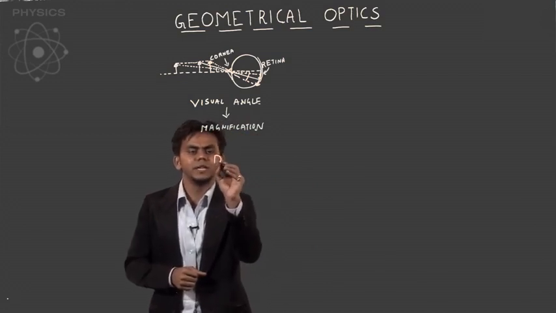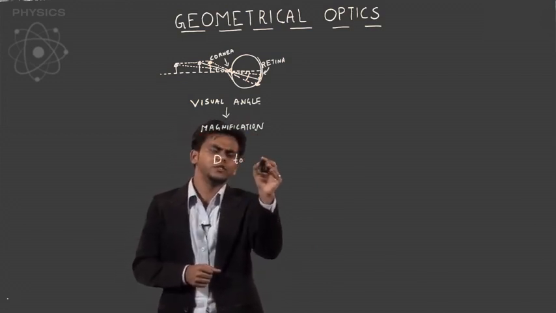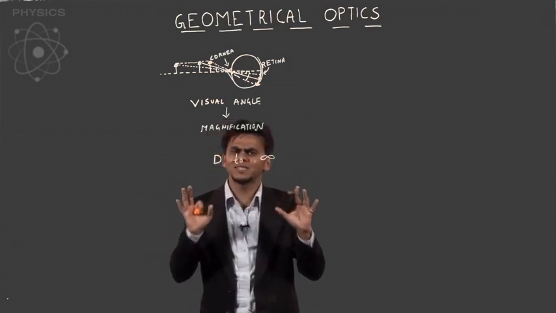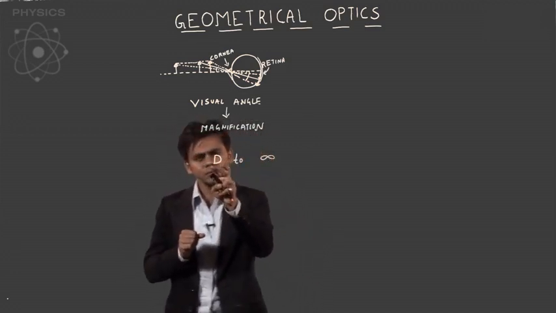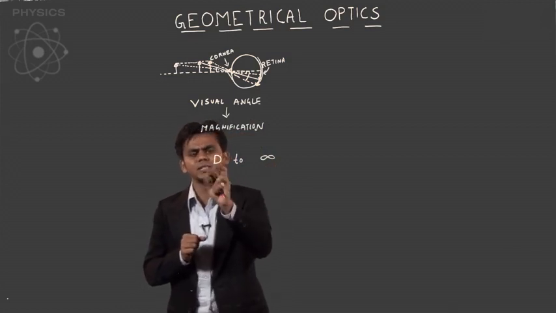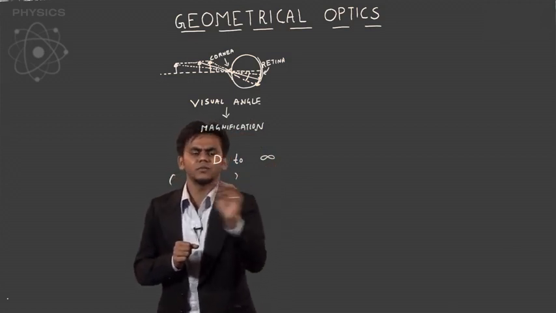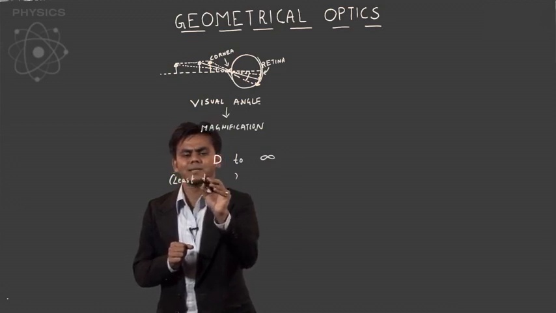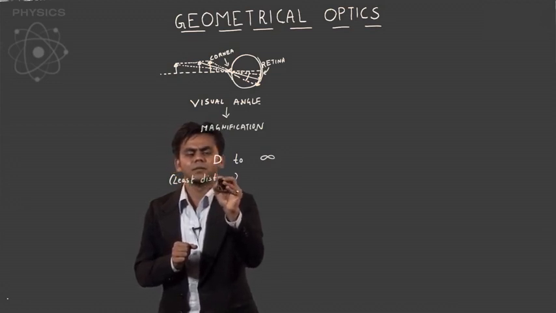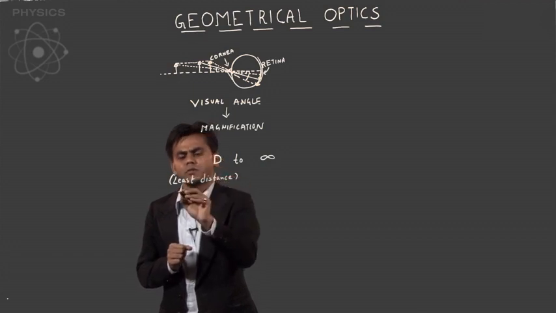I can see from D to infinity, which means on an average basis, a normal human being can see an object situated from D to infinity. D is your least distance of clear vision or distinct vision.